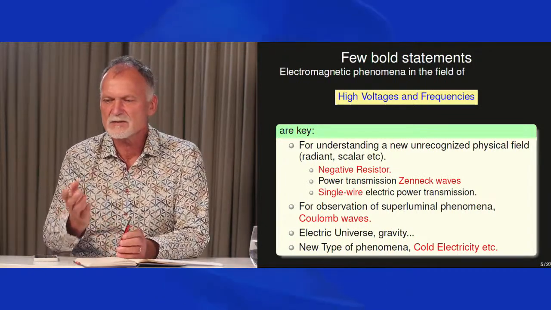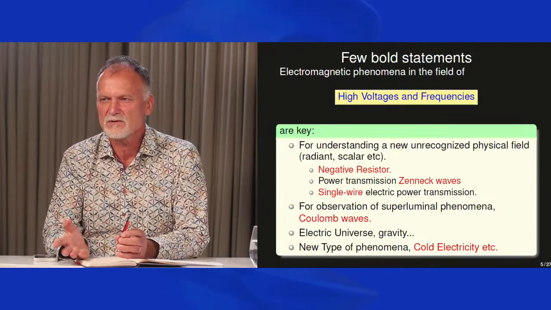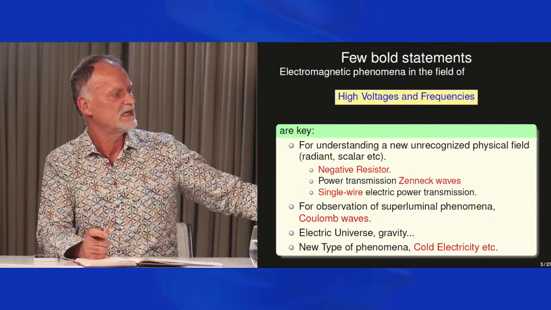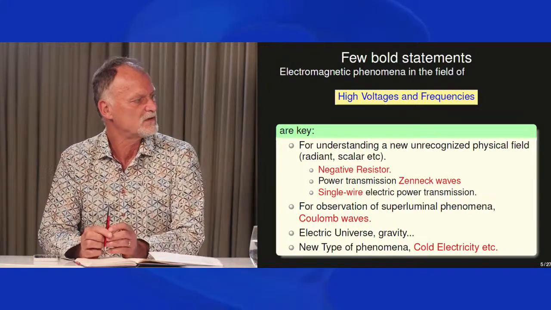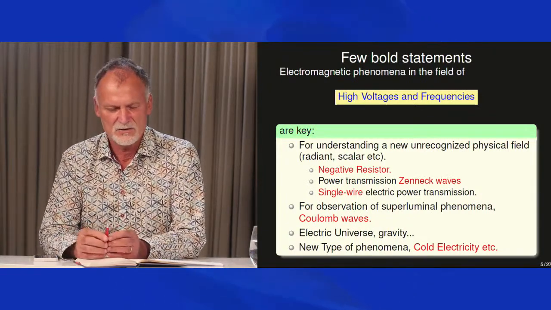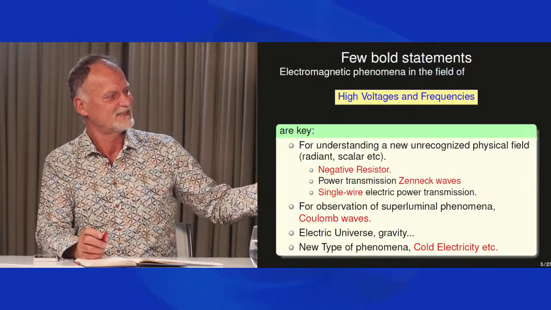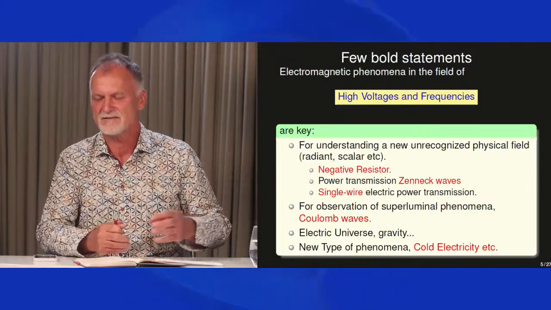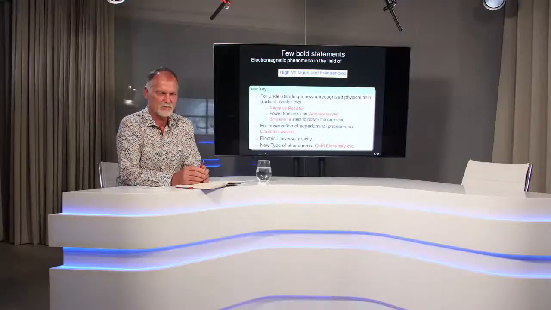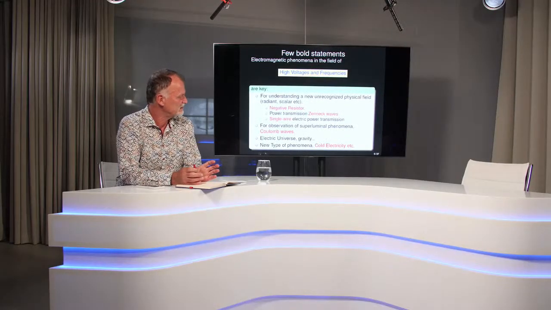It will allow us, in my opinion, to understand more clearly what gravity is. And we also see in this region new types of phenomena like cold electricity, etc. I will show you later, these effects are, I think there are so many strange effects which we have no clue yet what they really mean.